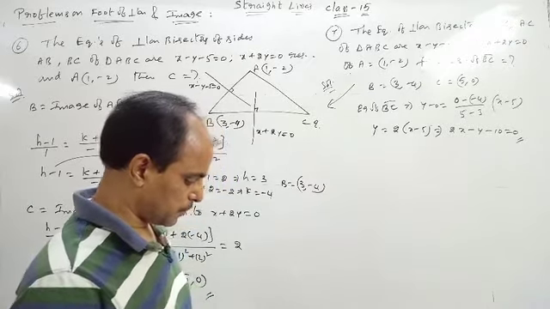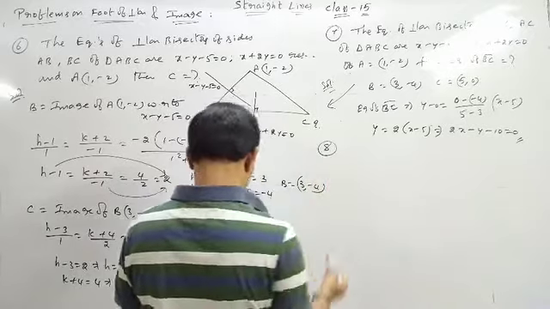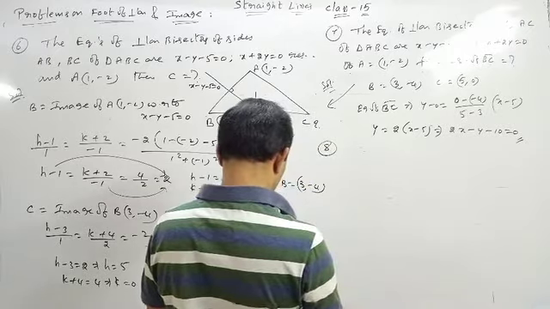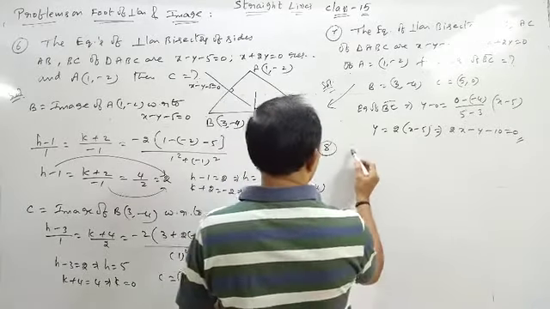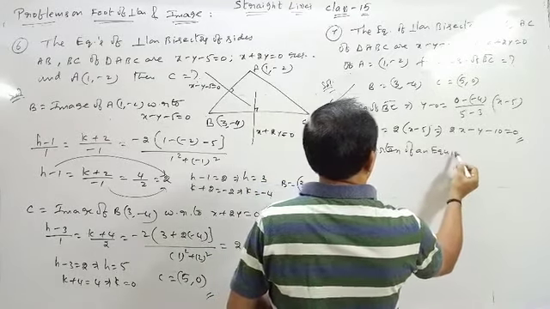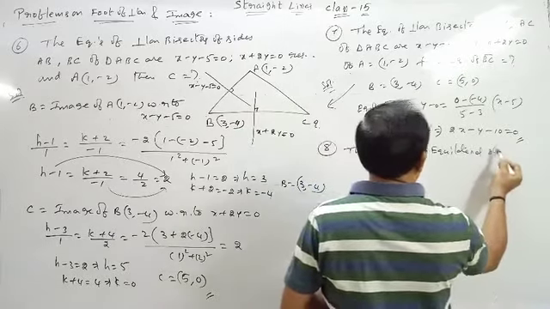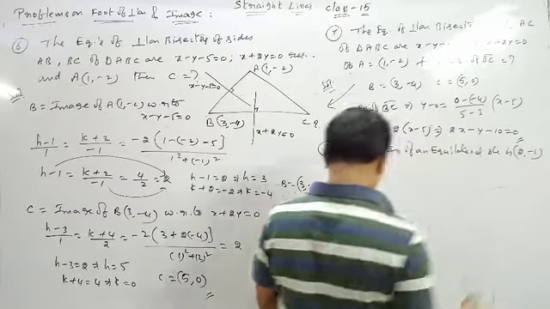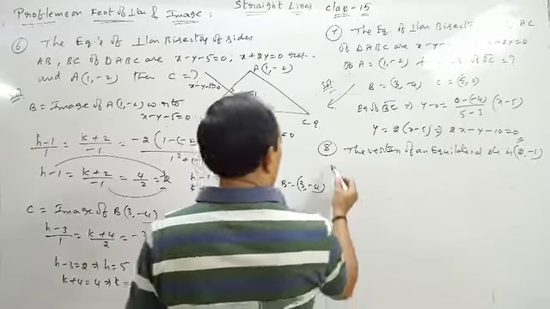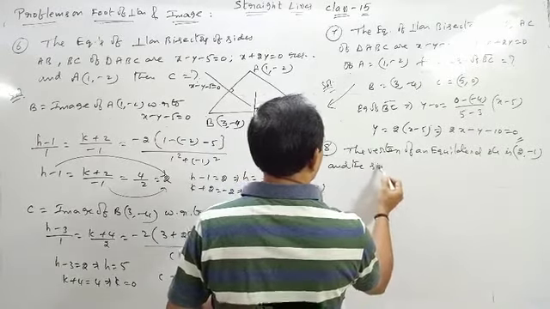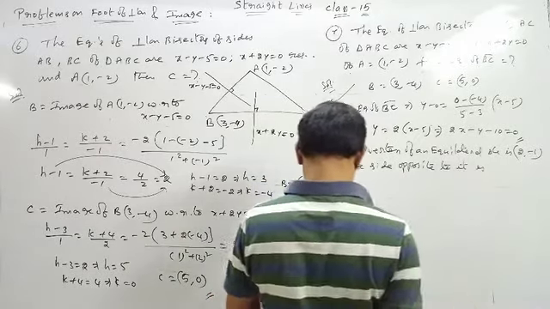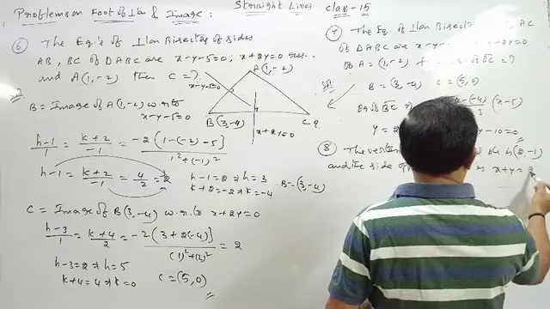Next question. The vertex of an equilateral triangle is 2 comma minus 1 and the side opposite to it is x plus y is equal to 2.